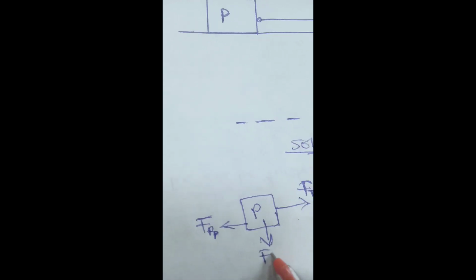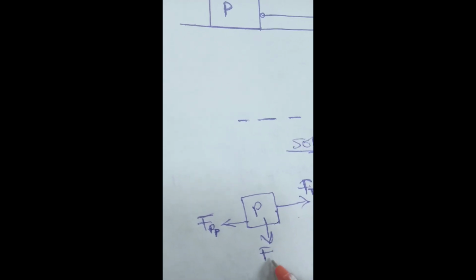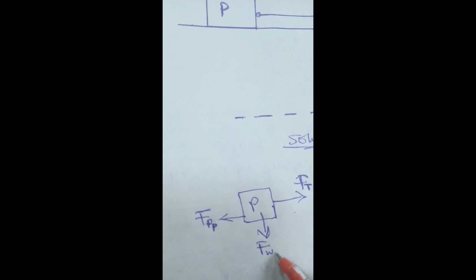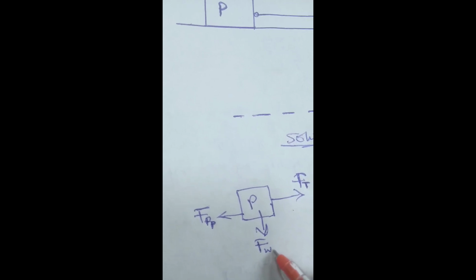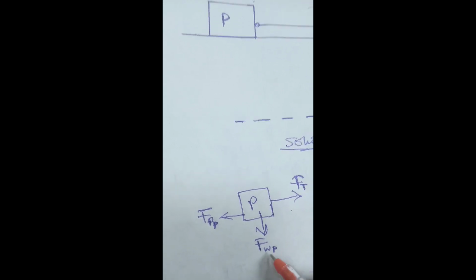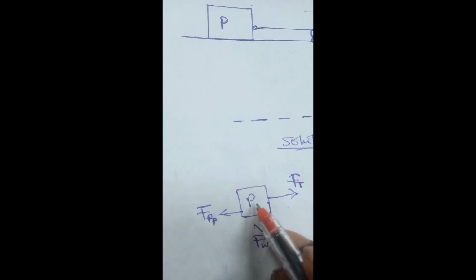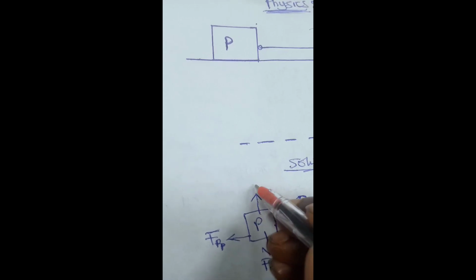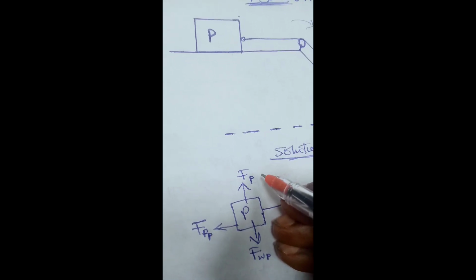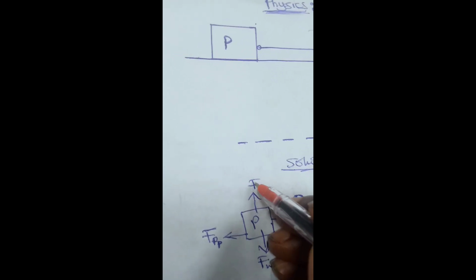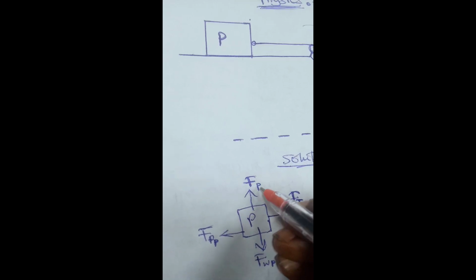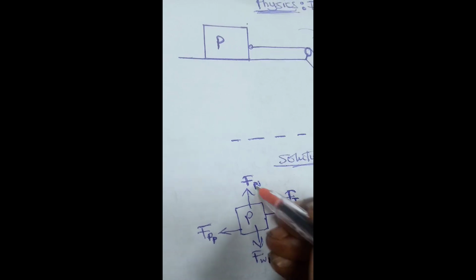That is the force of weight of P, that is Fw of P. Then there is an opposite reaction force. Let's name that F of P ordinarily. No, that is the normal reaction force. Let's make it N of P.